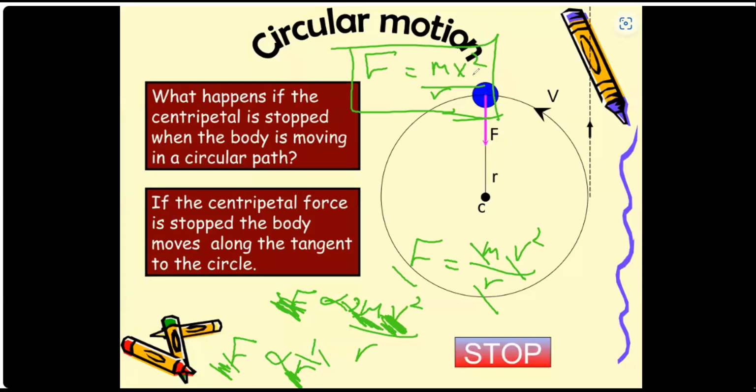You need to go home and investigate this relationship with that same container. Fill it with water and vary the mass, see what happens with the force. Vary the radius by using a longer or shorter string. Vary the speed and see what happens to the force. That's an investigation you have to do.